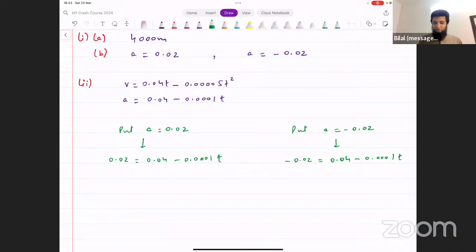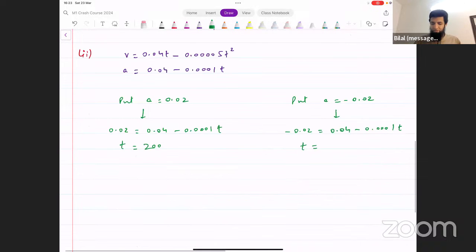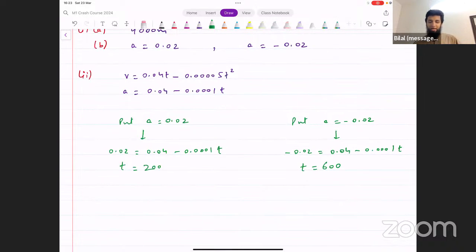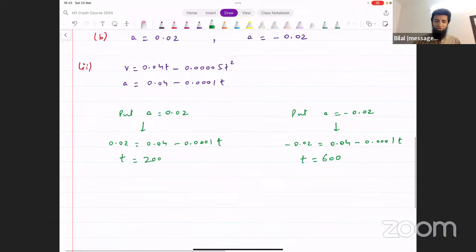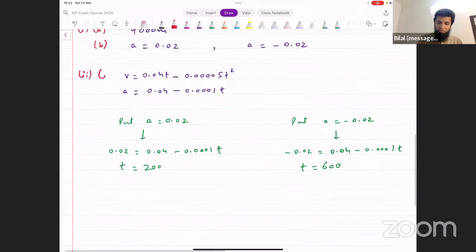What are the values of t that we're getting from both of them? 200 and 600. The first one should be 200 and the second one should be 600. These are the two values of t that we're getting. At these time instances, the value of acceleration is actually equal to 0.02 and minus 0.02. Okay, that's part 2a.